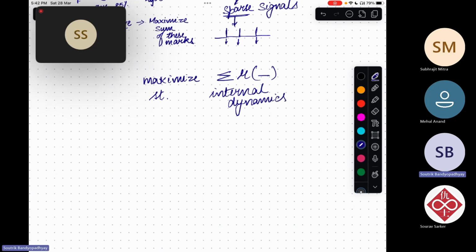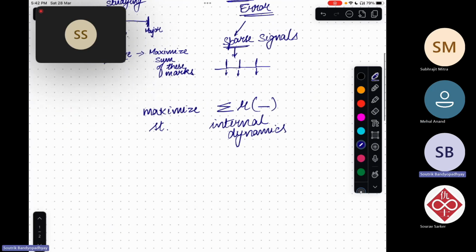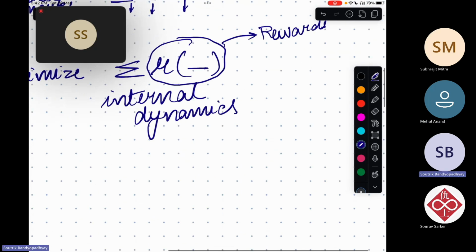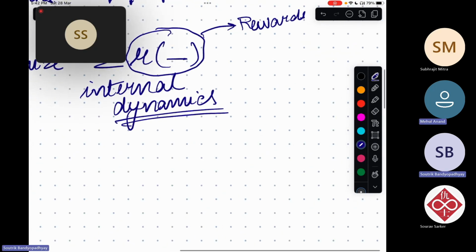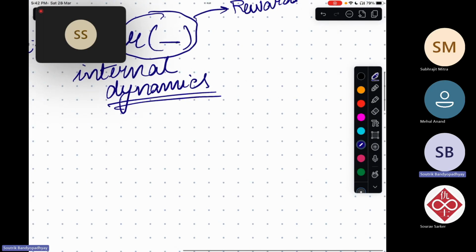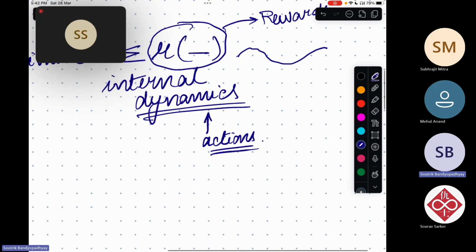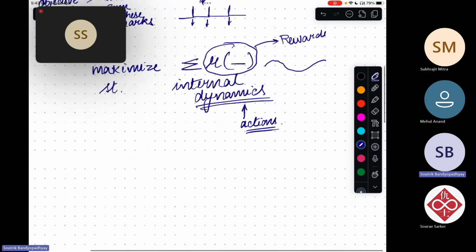In other words, I want to maximize some sort of reward. So this can be thought of as maximizing rewards subject to some internal way that the world works. So suppose you have the ability to control this world by your actions, right? So you can change the course of your future. So this is a very human way of understanding this situation.